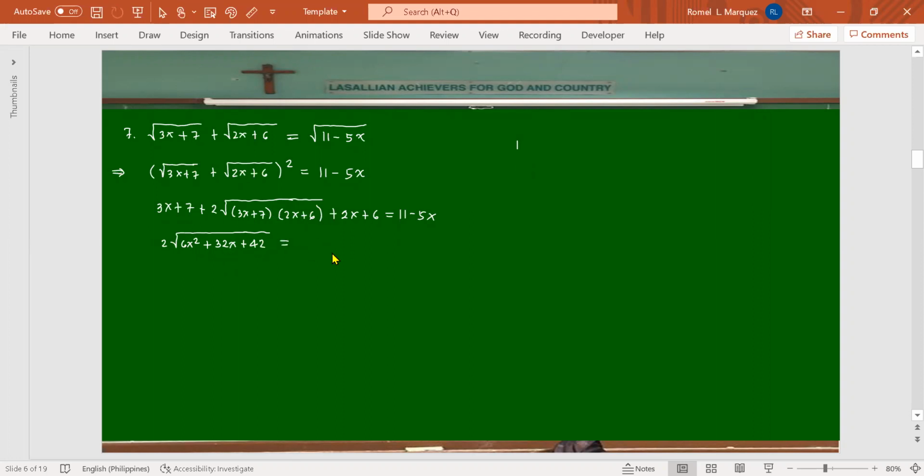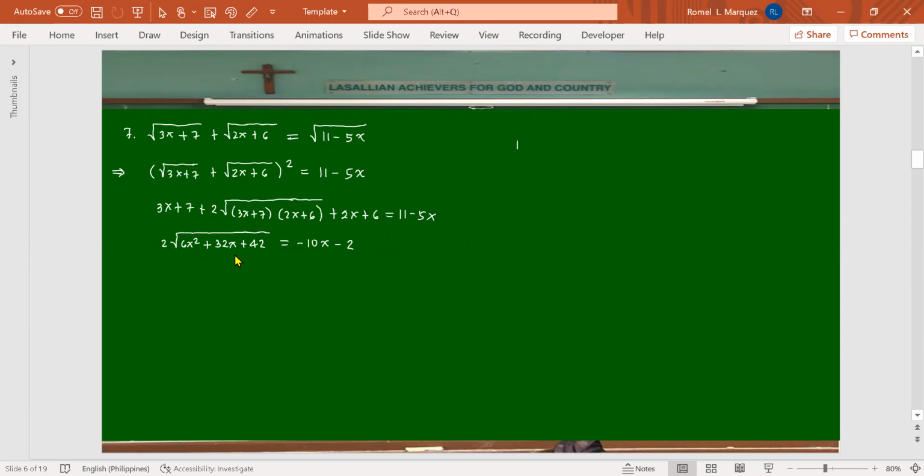What is negative 5? 3x plus 2x is 5x. When transposed, negative 5x. So we now get negative 10x. What about the constant? 7 plus 6, 13. When transposed, negative 13. 11 minus 13, negative 2.